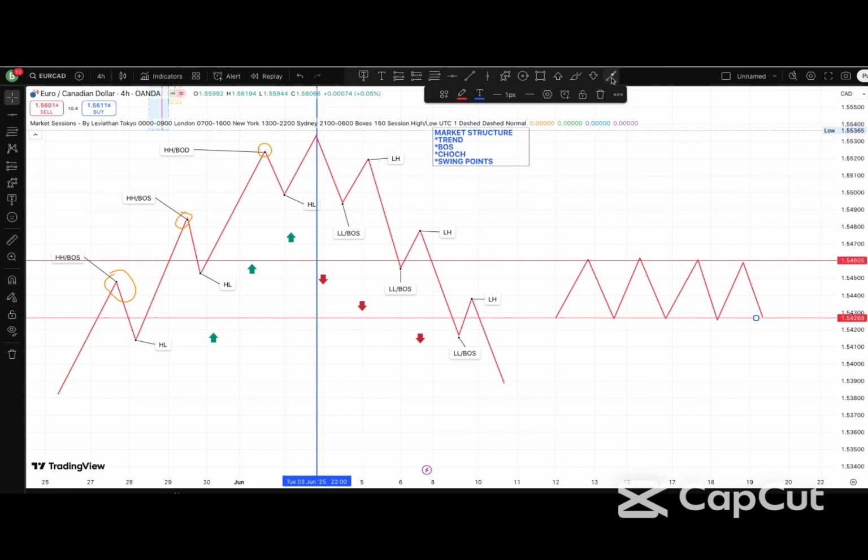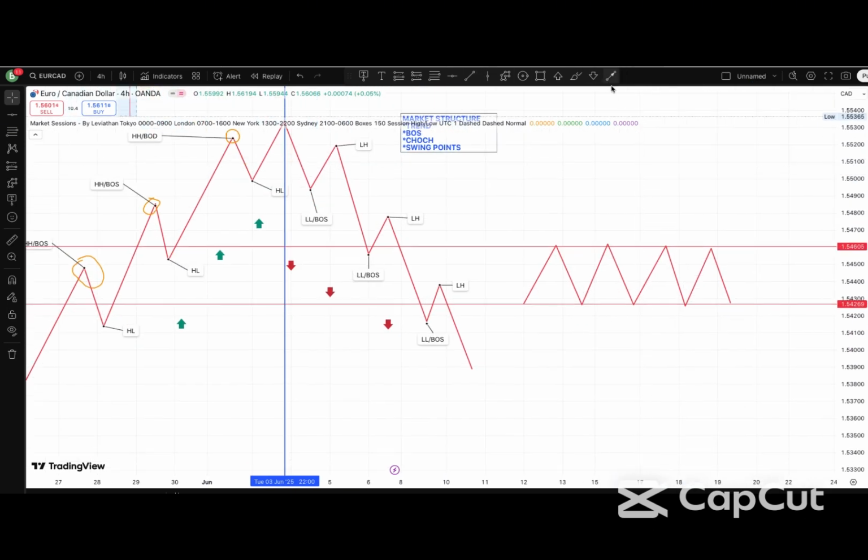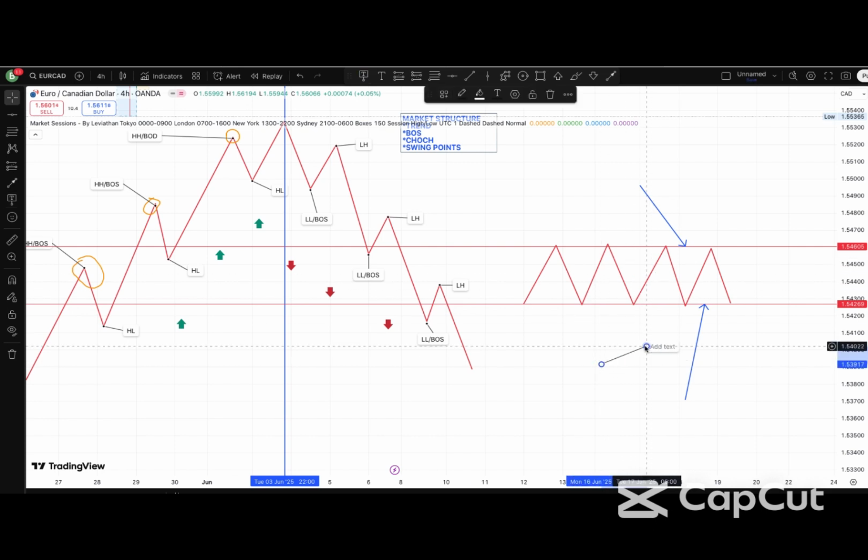The top line here is my resistance line, and the one below is my support line. The chart is just going sideways, not going below the support line or above the resistance line. So this trend is called the ranging trend. You can also call it a consolidation trend at the same time.